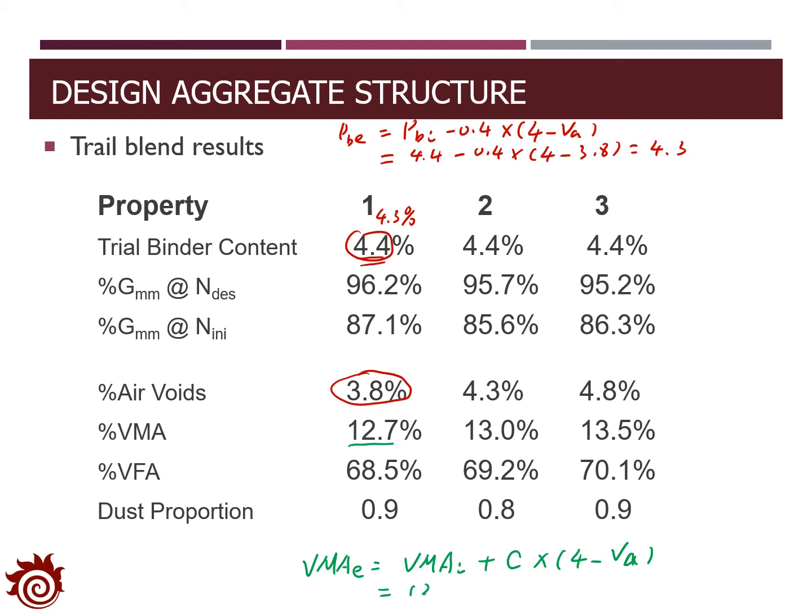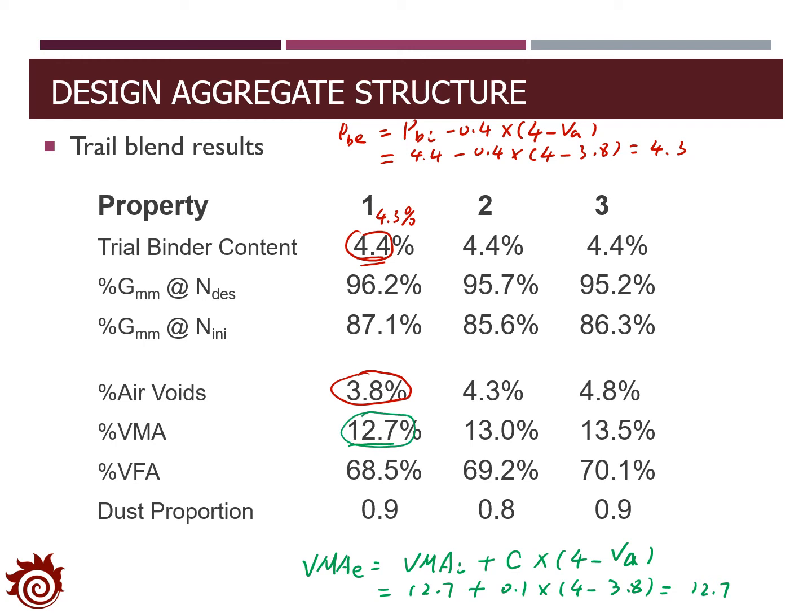So that is 12.7 plus, we know that the air void here is less than 4, so we have capital C as 0.1 times 4 minus 3.8. So the value is 12.7, which is almost the same as the previous one. So we'll keep this the same.